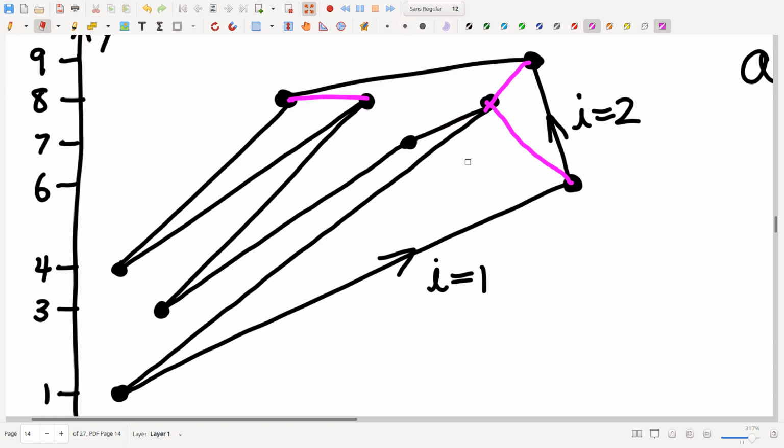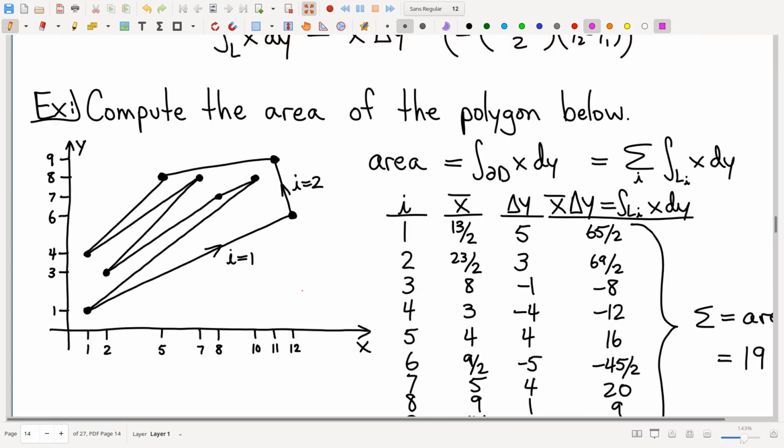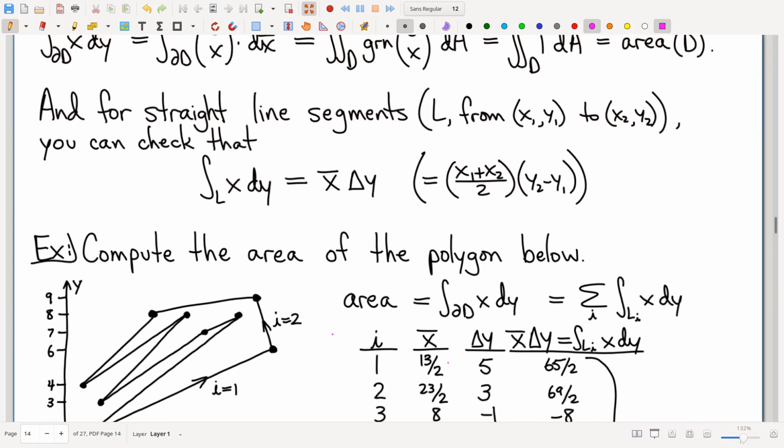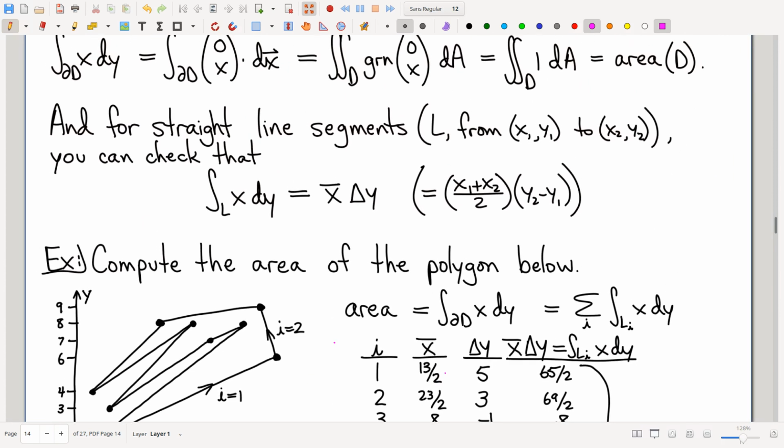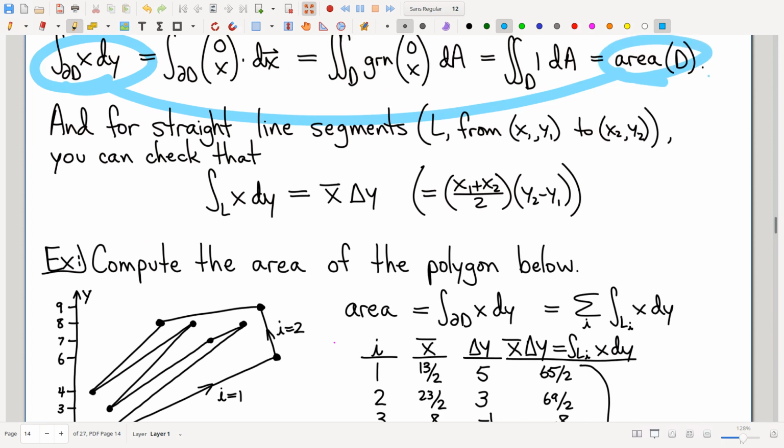So here's where our corollary helps out massively. I'm going to argue first that this integral will compute my area. Then I'm going to argue second that the boundary is, well, it's just a sum of line segments. Right?